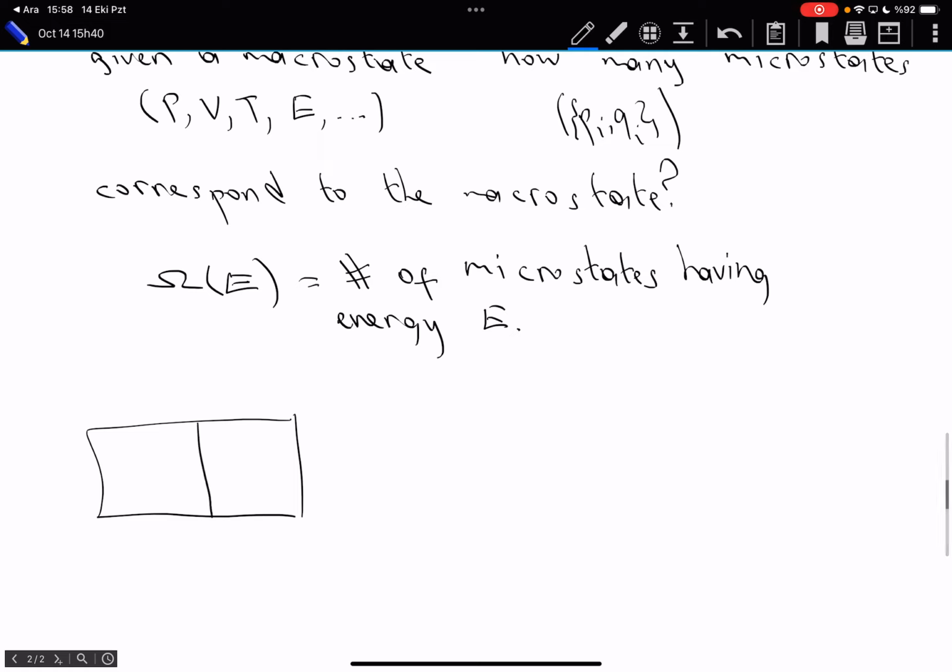The whole system has energy E. Let's say that the left-hand side has energy E1, the right-hand side has energy E2. Of course, E1 plus E2 will be E. So we have two systems that can exchange energy. We have already studied such systems in thermodynamics. So we know that eventually the system will come to equilibrium when the temperatures are equal.